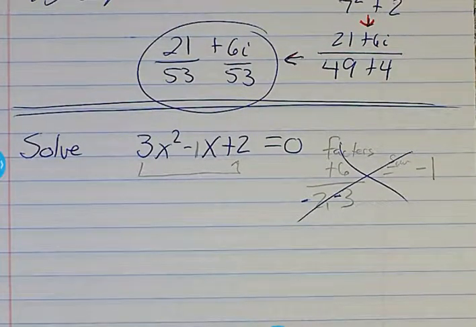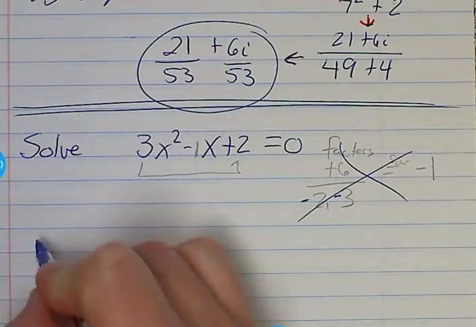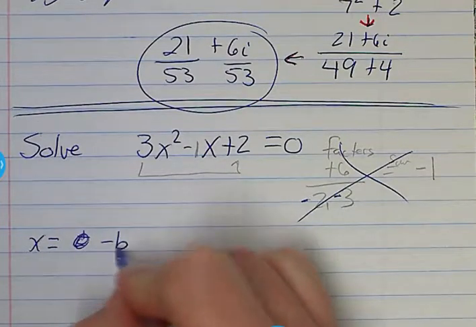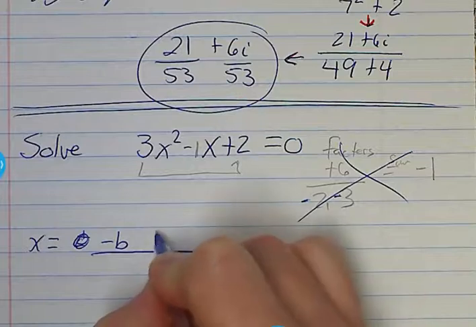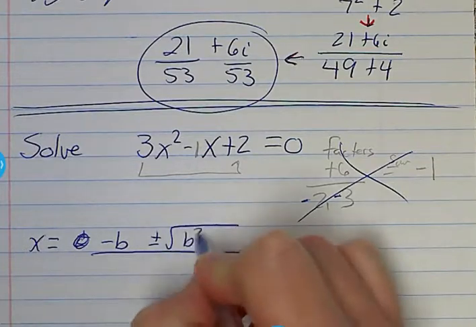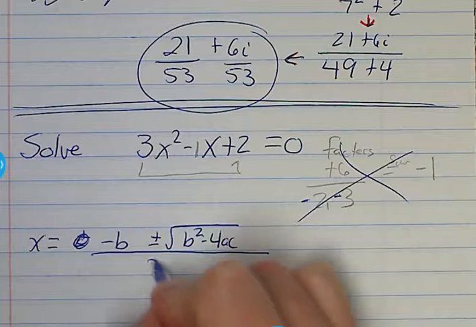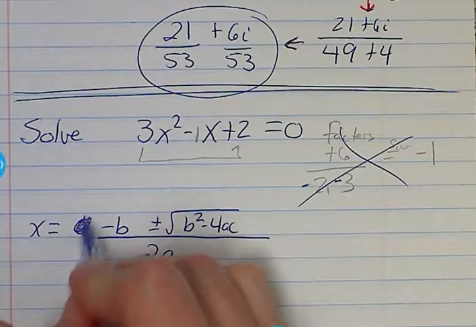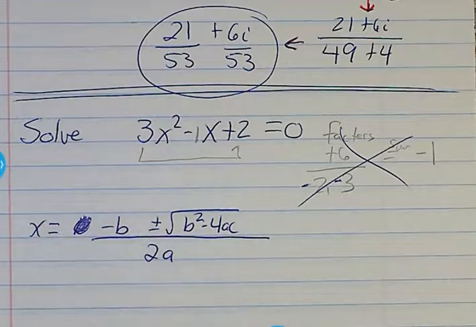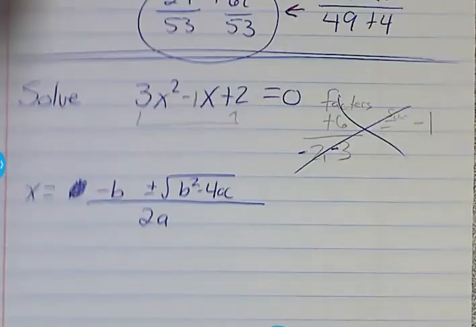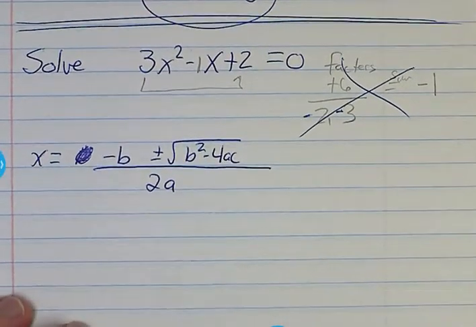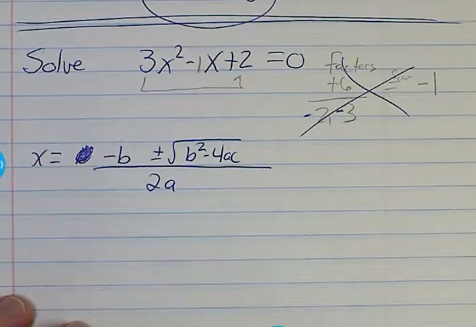Okay, now, if factoring is out, the only option you have then is the quadratic formula. And somebody's saying, well, why are we doing the quadratic formula? Well, because we're still going to plug in the numbers. There's going to be one little thing different with this one when we plug it in.